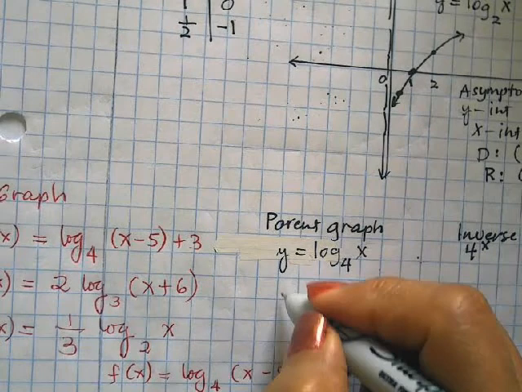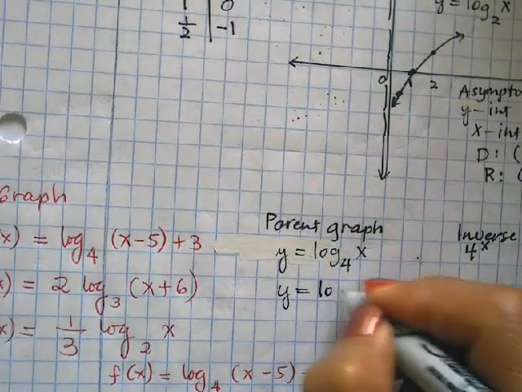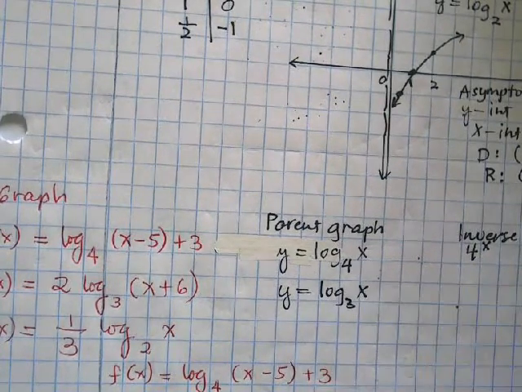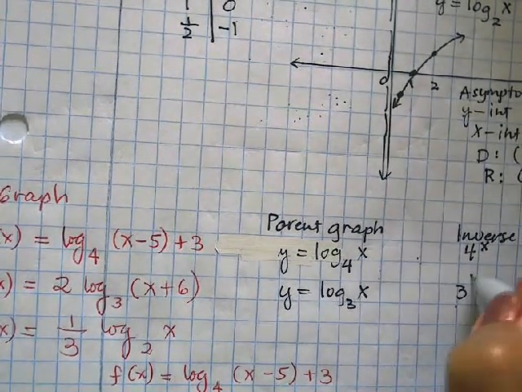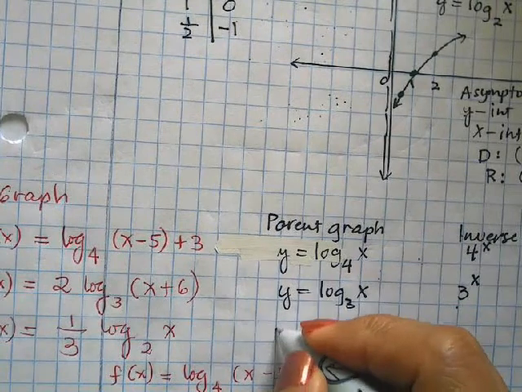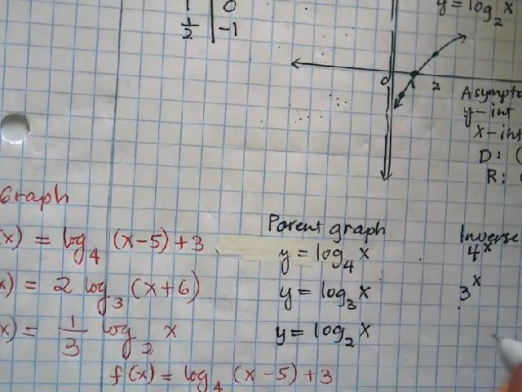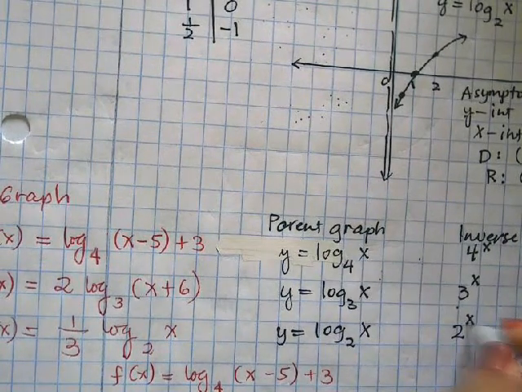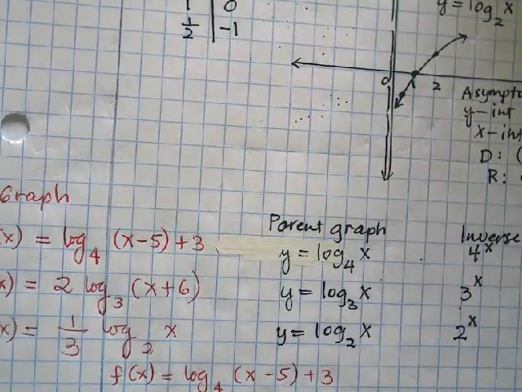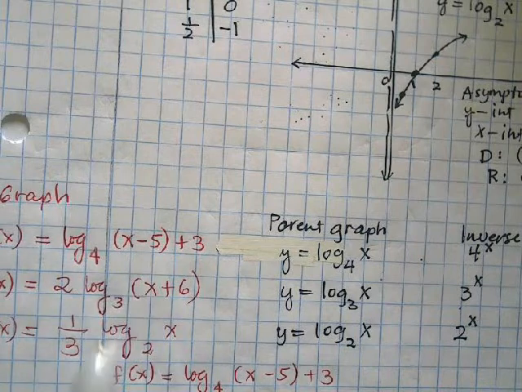Okay, so the parent graph here is log base 3 of x, and the inverse is 3 raised to x. And this one is log base 2 of x, and the inverse is 2 to the x. Okay, let's describe the transformations.